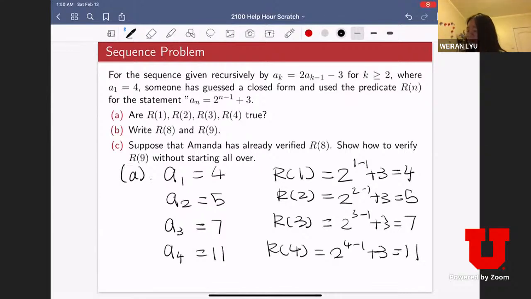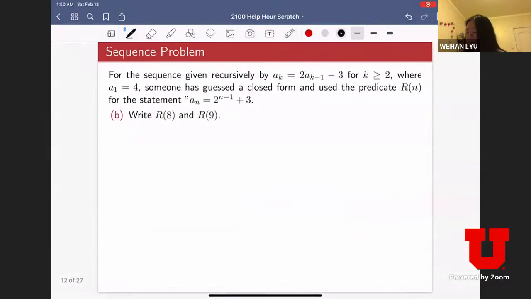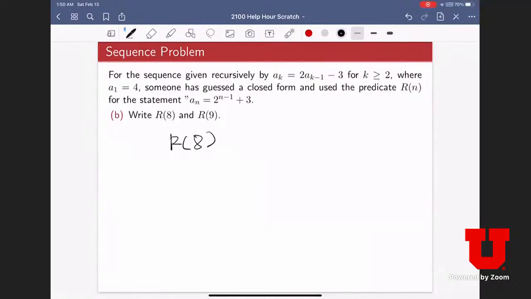Okay, all right, and part B is that we want to write out R8 and R9, basically just by substitution. Anyone wants to shout it out?